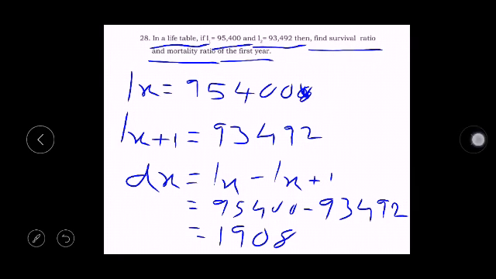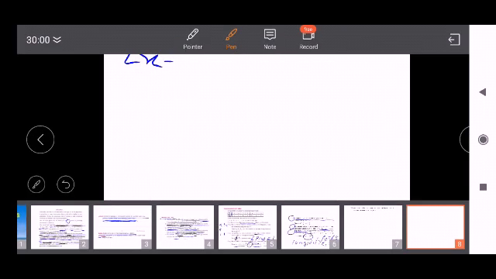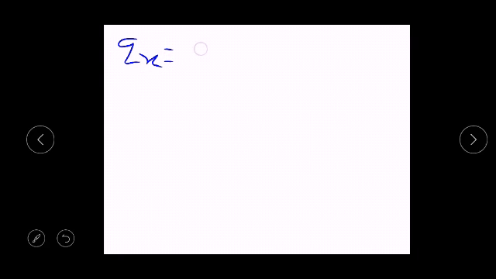Then what is the mortality ratio and survival ratio? First we will calculate the mortality ratio. The mortality ratio is indicated by Qx, which is equal to dx divided by Lx.